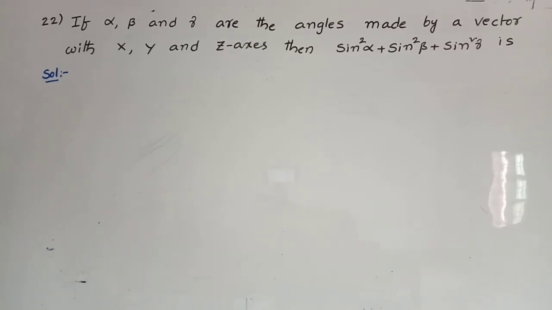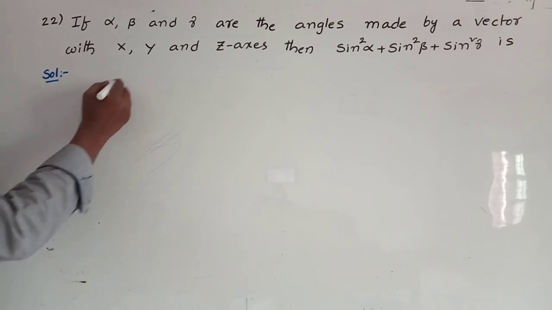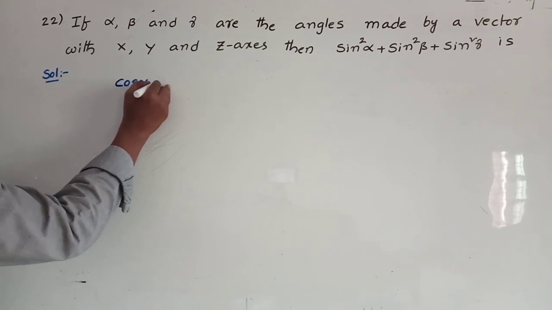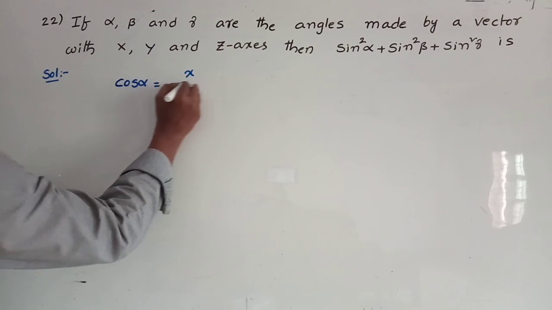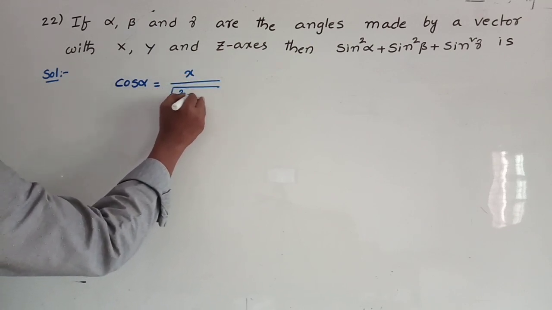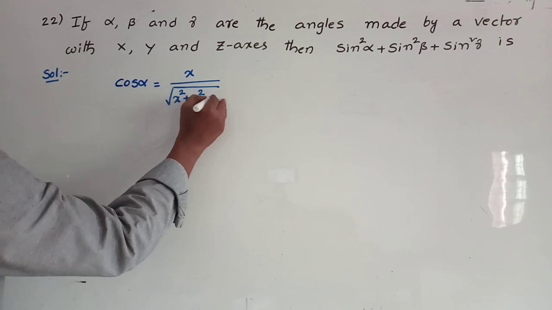Problem number 22. If alpha, beta and gamma are the angles made by a vector with the x, y and z axis, then sin square alpha plus sin square beta plus sin square gamma is? We know the directional cosines cos alpha, cos beta, cos gamma. So from that cos alpha is equal to x by root of x square plus y square plus z square.